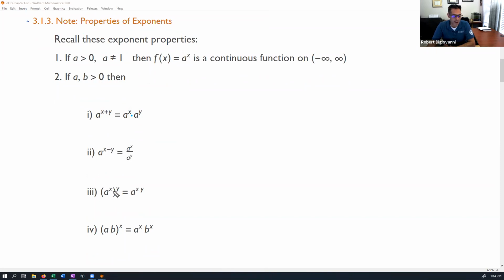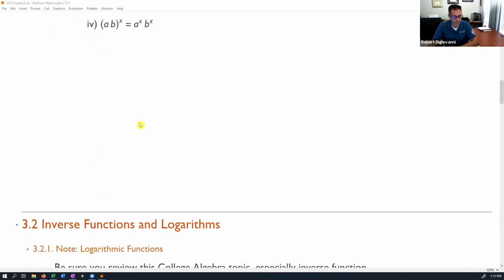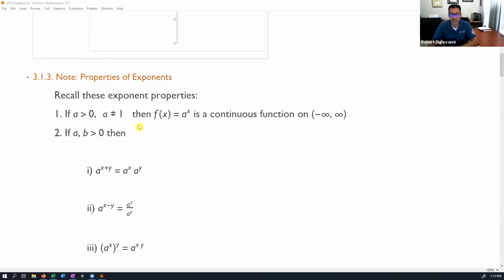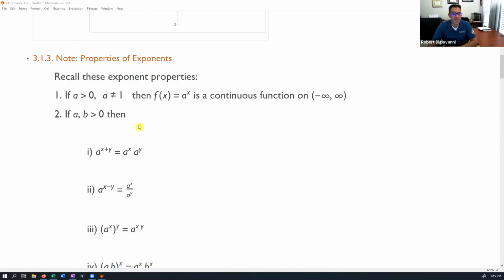If you have something to a power, then raise it to another power, you multiply the exponents. And if you have two things being multiplied and you raise all of that to a power, the power can be applied to each one of them. So these are all just properties of exponents. You might even learn that before college algebra, like in an intermediate algebra class or high school. This is just to remind you of some of the properties of exponents. And that's it. That's all I'm saying about that.